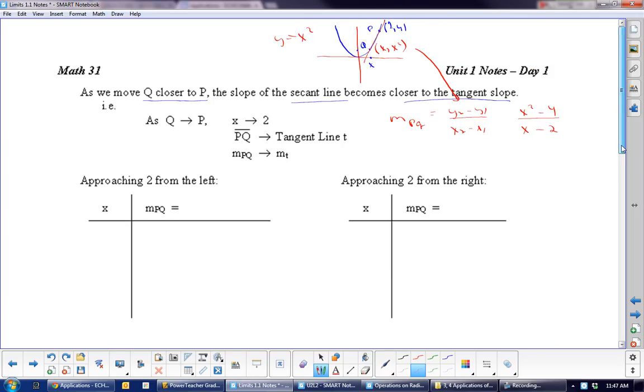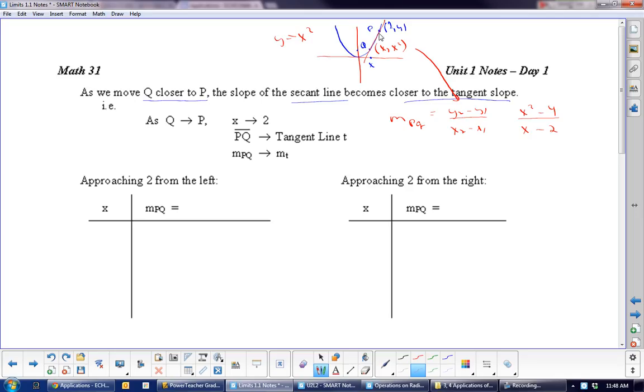Now, what do we want x to become so these points are right beside each other? 2, which is going to make the bottom equal 0. So it's called a limit because you're not allowed to put 2 there.